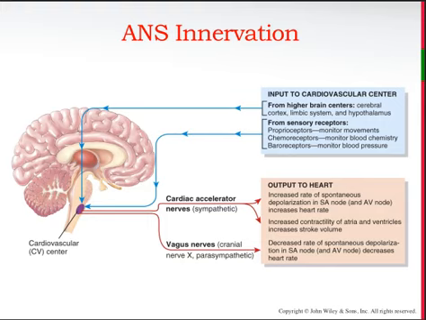We're going to have sympathetic fibers that pass through the spinal cord and enter the sympathetic ganglion. Remember, the sympathetic ganglion is located near the thoracic region of the spinal column. They're going to leave that sympathetic ganglion and enter the heart.